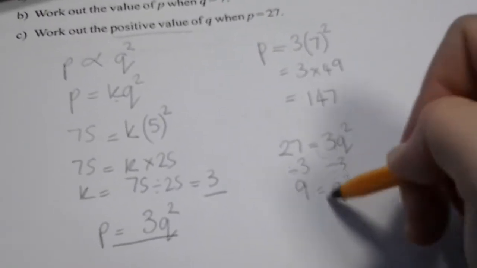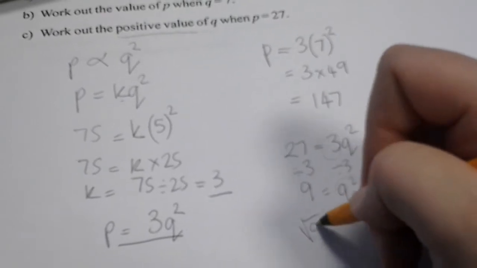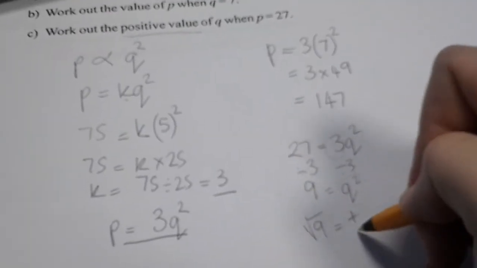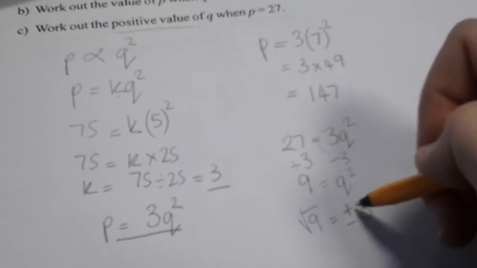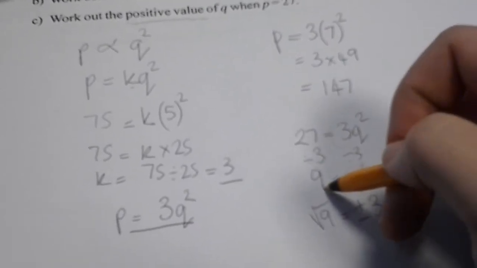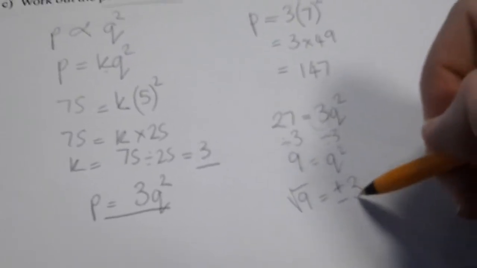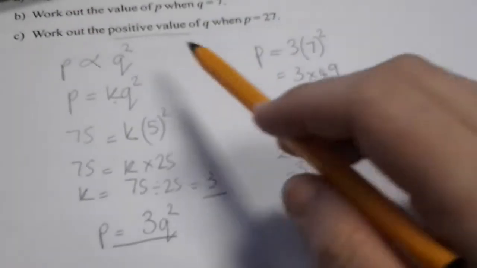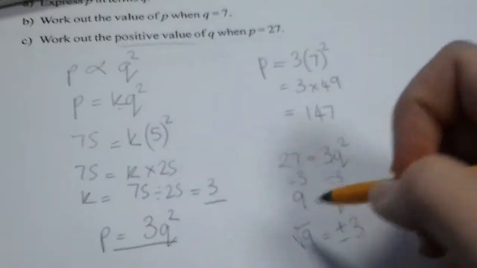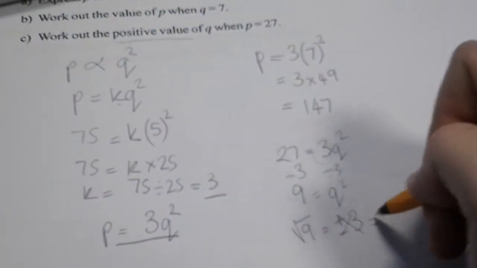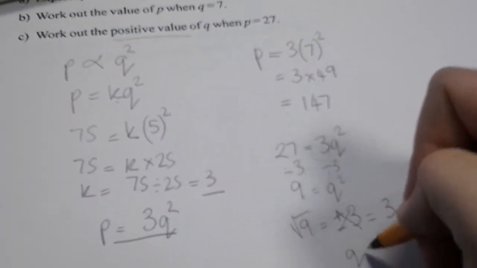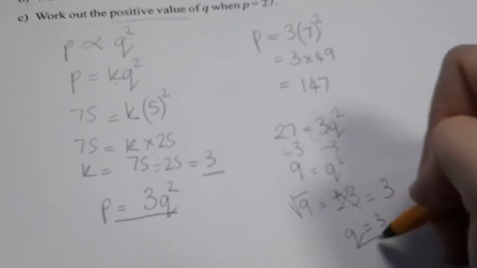Now, when you square root something, you actually get a positive and a negative answer, because positive 3 squared is 9 and negative 3 squared is also 9, because two minuses multiplied together make a positive. Now because it just wants the positive value, it only wants 3. So it just wants q is equal to 3.